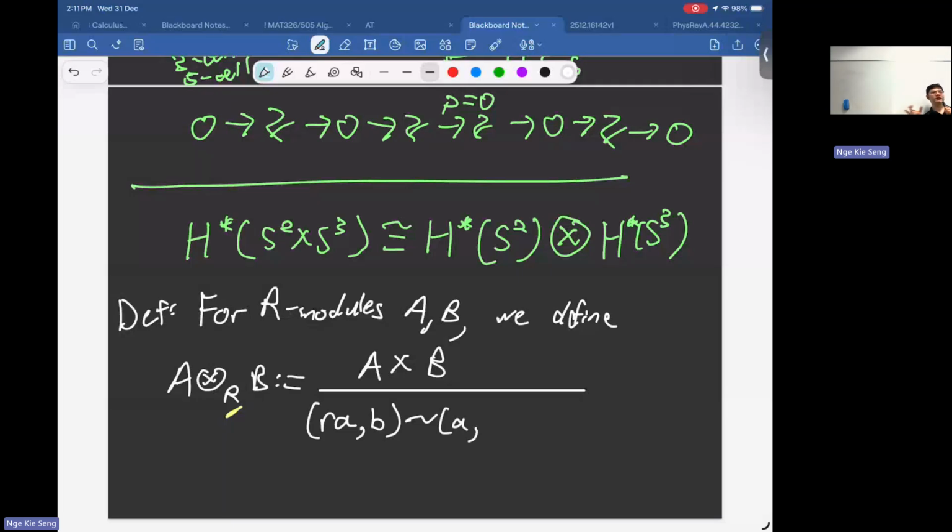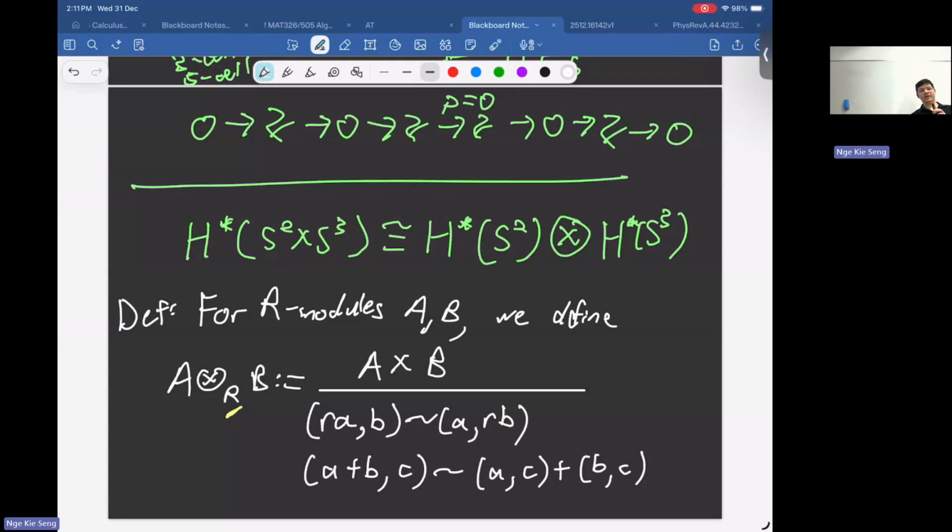I can move the scalar across. And also it is linear, meaning (A plus B) tensor C is equal to A tensor C plus B tensor C.